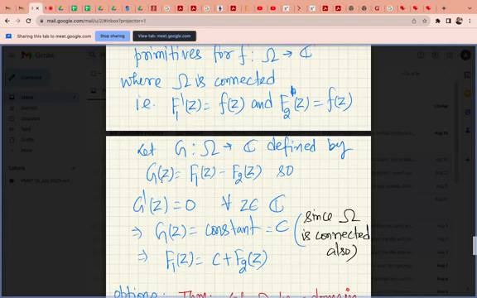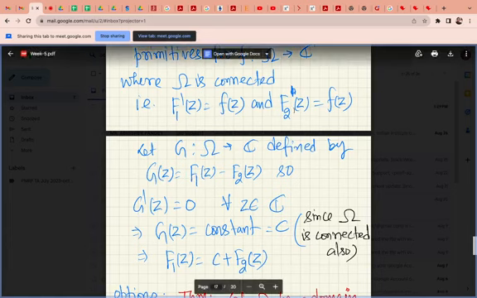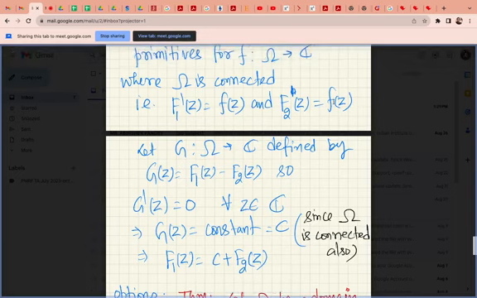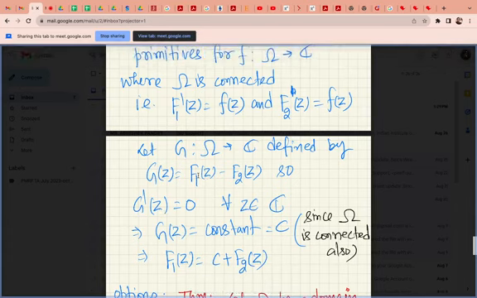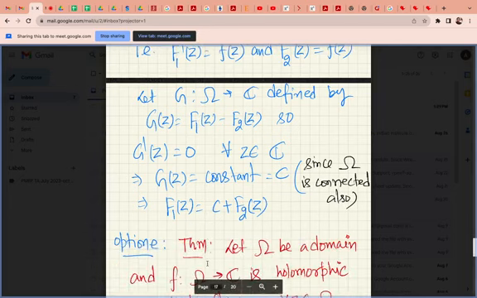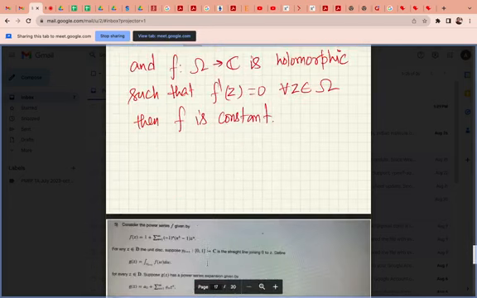Then g dash z will be 0, because F1 dash z is f(z) and F2 dash z is also f(z). It means that g(z) is constant, so these two primitives differ by a constant only.